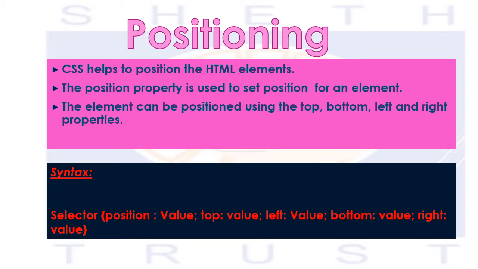Whatever type of selector you are using, in the curly braces we write the word position, then you give the value. Then you have four more attributes, that is top, left, bottom and right. These are the positions of the element on our web page. Let's move ahead to the next slide.